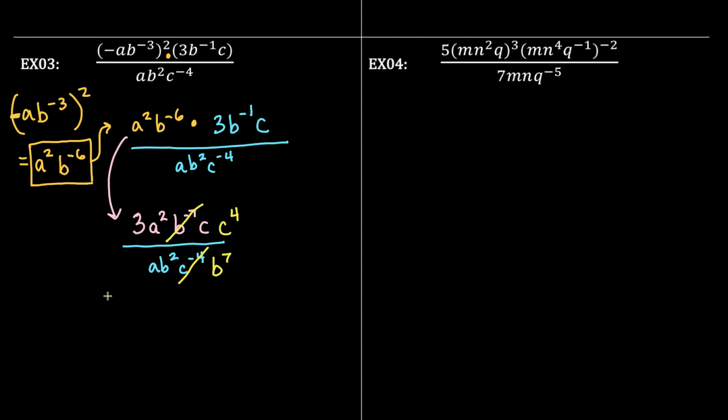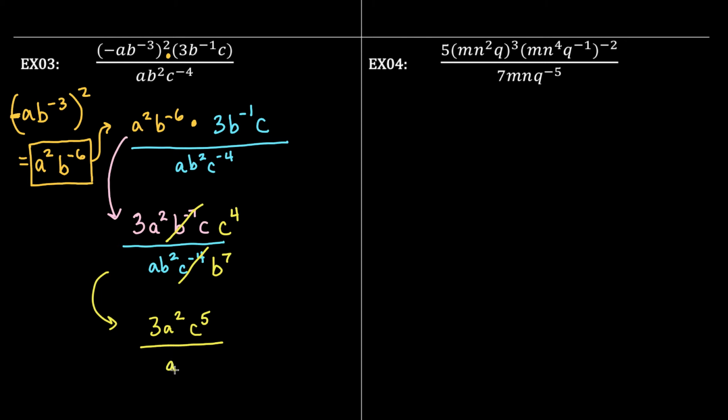So then this becomes 3a squared c to the fourth over, oh, I forgot that c. I'm just going to put these together: c to the fifth, and then a, b to the second, b to the seventh.